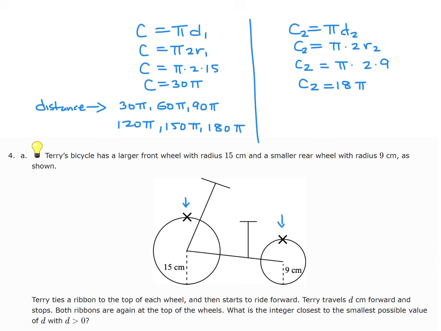By the same principle, on the smaller wheel, every time it travels 18 pi as a horizontal distance, that ribbon will end up at the top position. So at multiples of 18 pi: 36 pi, 54 pi, 72 pi, 90 pi, 108 pi, and so on.